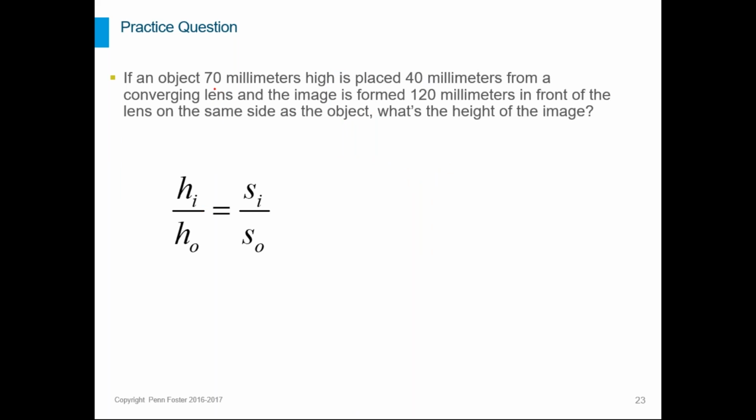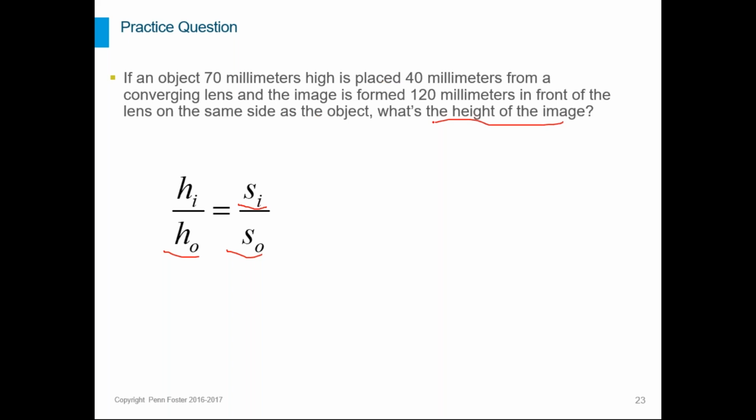Okay, we have a second practice problem here. If an object is 70 millimeters high, so that's the height of the object, it's placed 40 millimeters from the converging lens, so that's the distance of the object, and the image is formed 120 millimeters in front of the lens on the same side of the object, so that's the distance for the image.